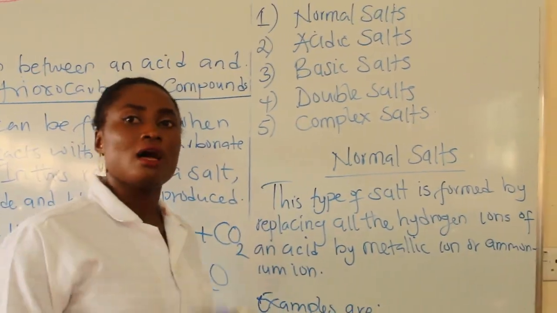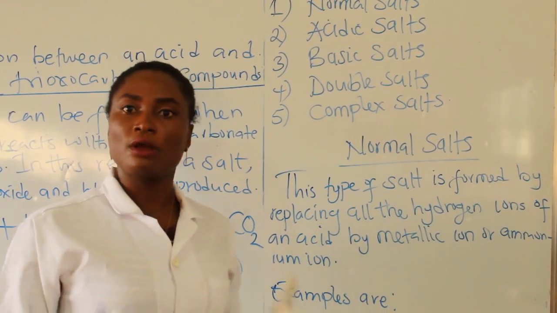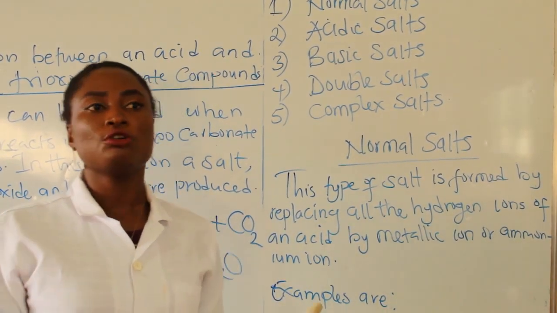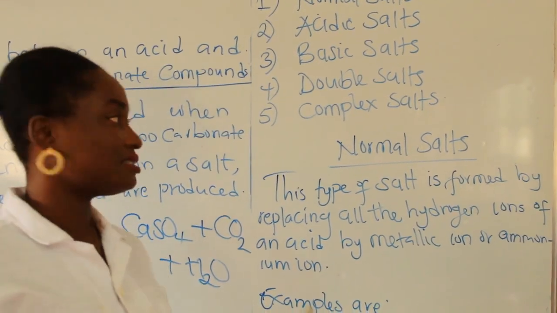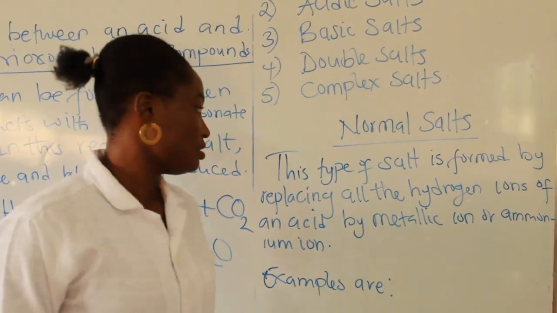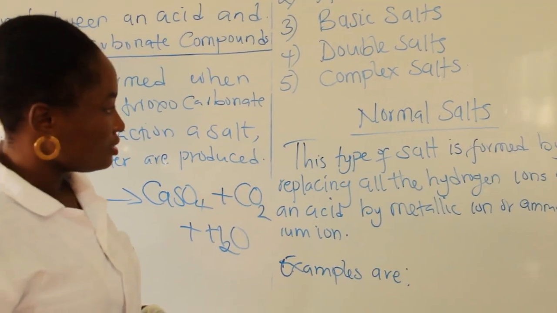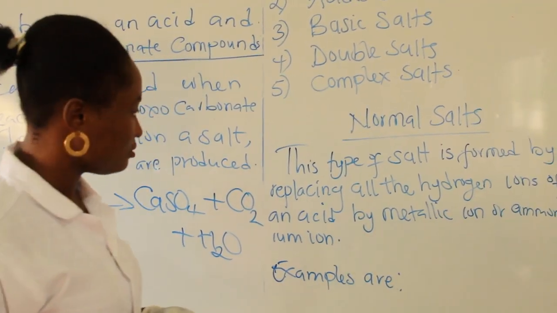The normal salt. How is a normal salt formed? When you see a salt, how do you tell that it is a normal salt or acidic, basic, double, or complex salt? So we're going to take notes of the key words that are important to note.